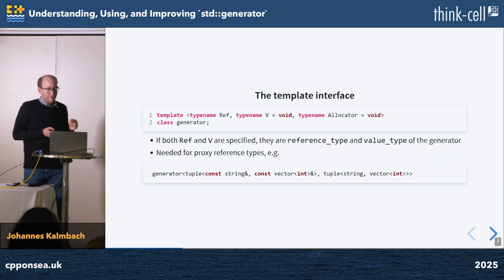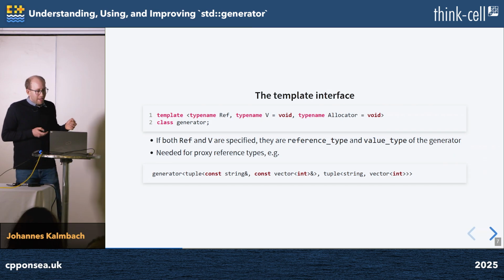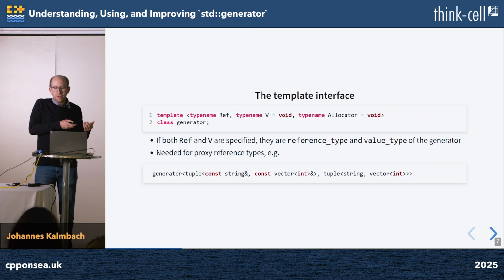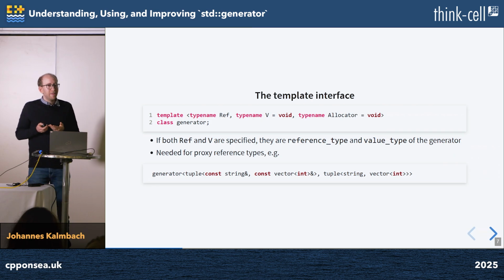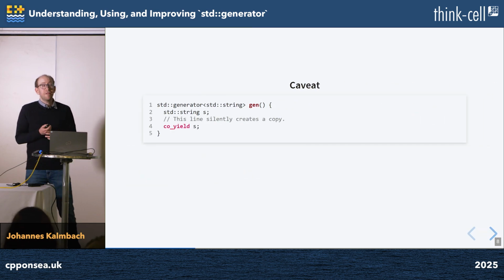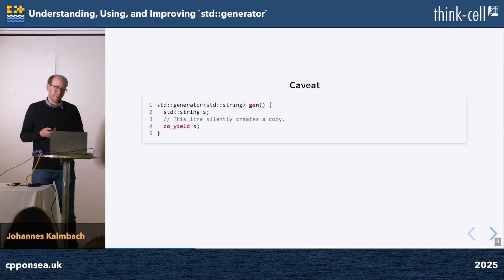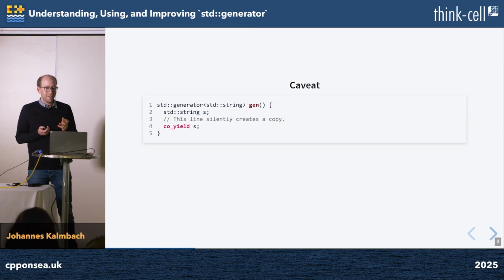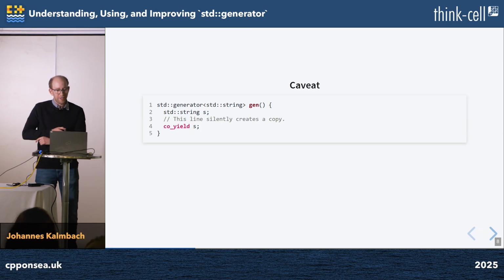So here I have an example where my reference is a tuple of a reference to a string and a reference to an int vector, and my value type is then a tuple of the string and the vector. But you need it when you need it.